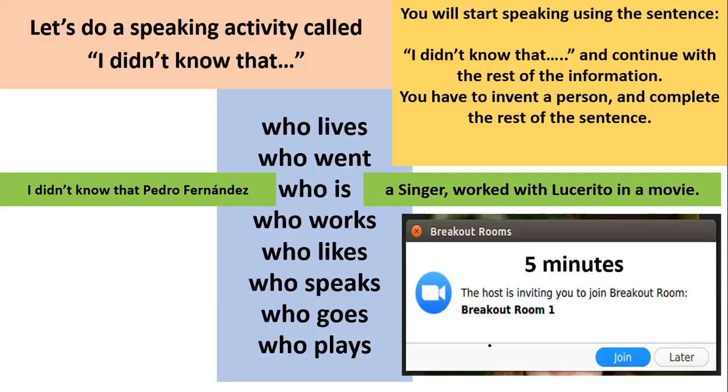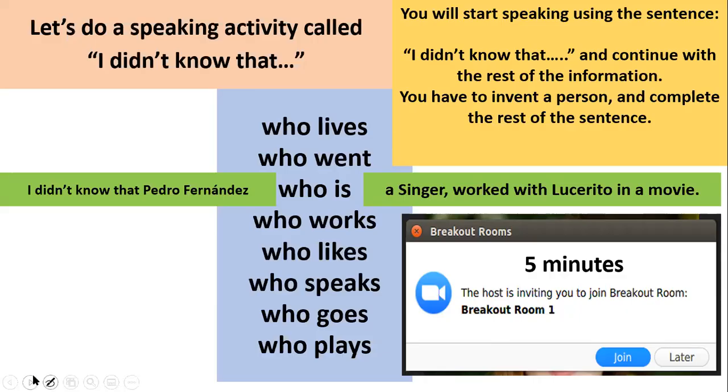Yes. Don't use it with animals. Right now, we were only with who. We are going to do one right now where you can include which or that. But for now, it was only who.